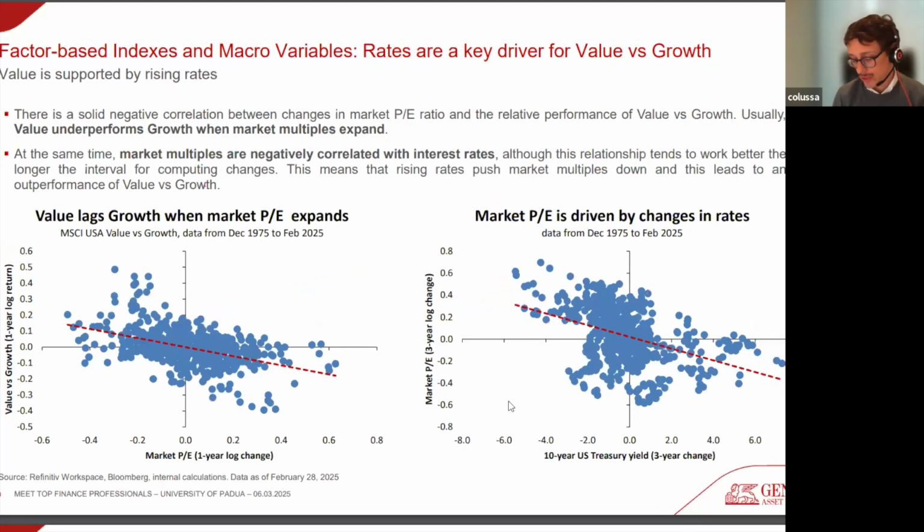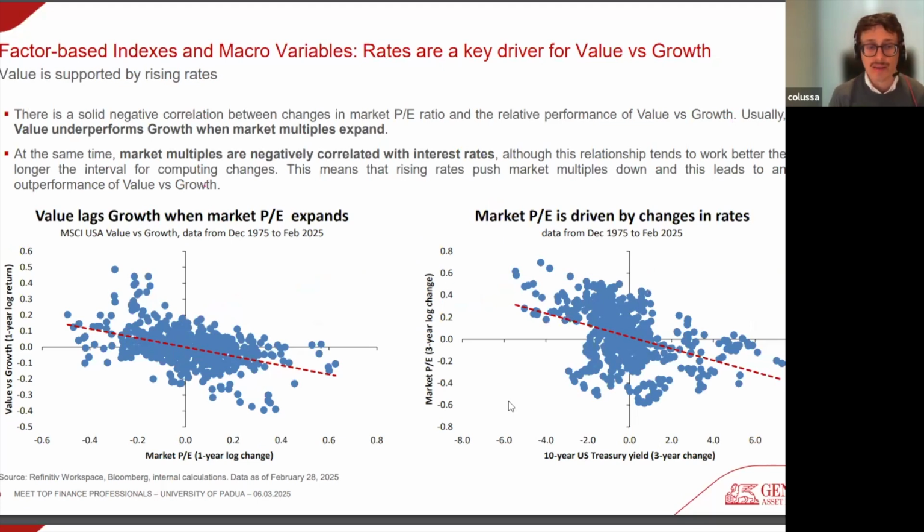So what is important in factor investing is to try to link, let's say, the developments of these factors with something that you can better control, because we cannot just say, okay, let's buy factors, the growth one, the value one.